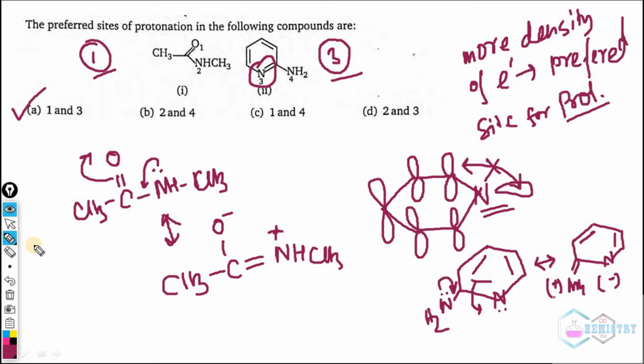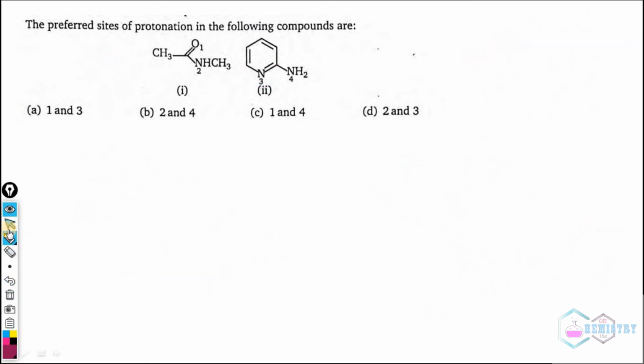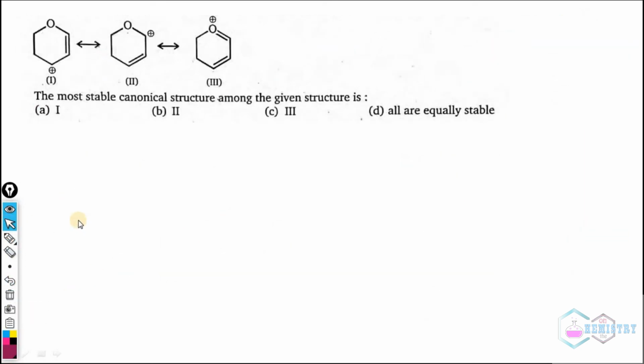It's very simple. You just have to keep the points in mind, nothing else. So the last question is basically from intermediates. We are asked which is the most stable canonical structure among the 3. There are a lot of factors which determine the stability of a canonical structure.